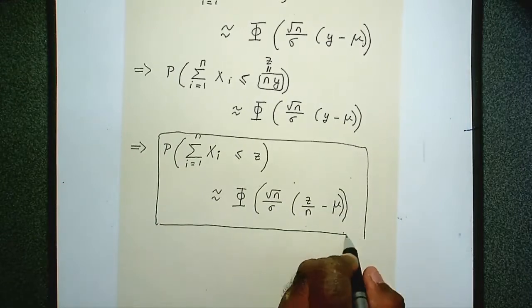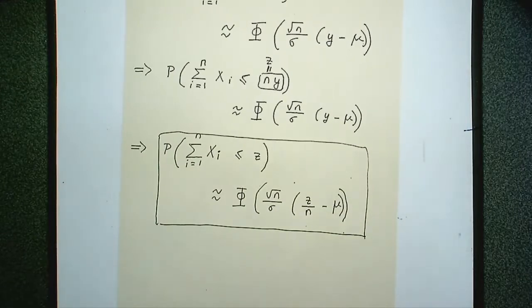Now, I'm going to show you, if I have time, maybe not, that this result I have written over here can be used to solve the problem that we had, which is this one here.